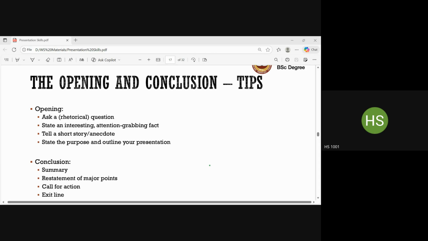Yesterday we had discussed different strategies for preparing our draft, for ordering or structuring information in our presentation. One such strategy was the AIDA formula. And what was AIDA? Attention, interest, desire, and action.